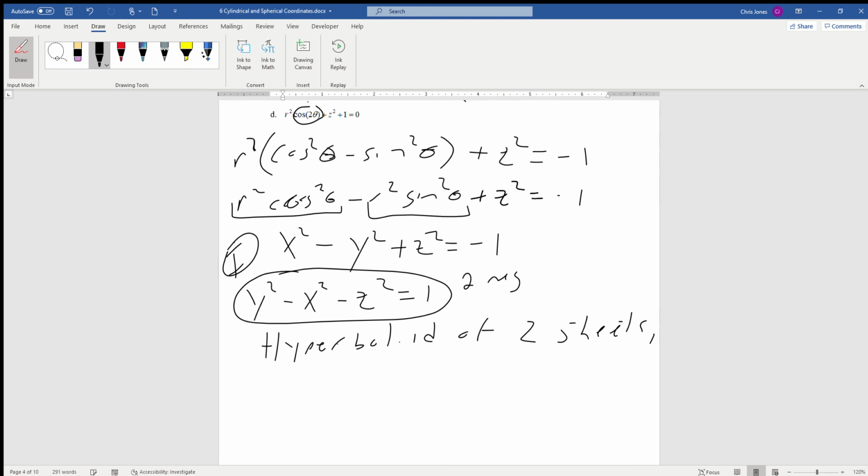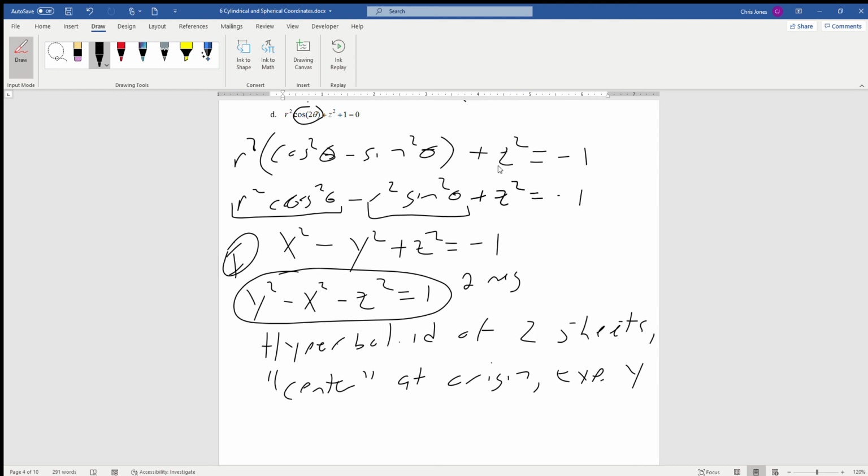It's at the origin, so I'm going to say the center, it's more like the focal point, at the origin. And then we know that it's going to expand on the y-axis, because the y is the only one that's positive. So I'm going to say it expands on the y-axis.